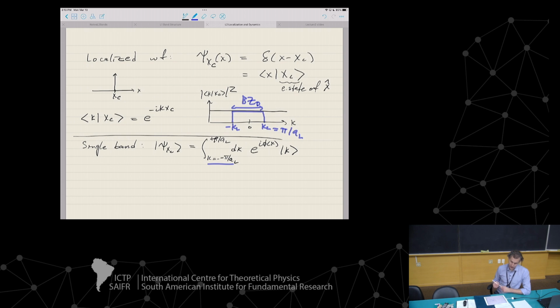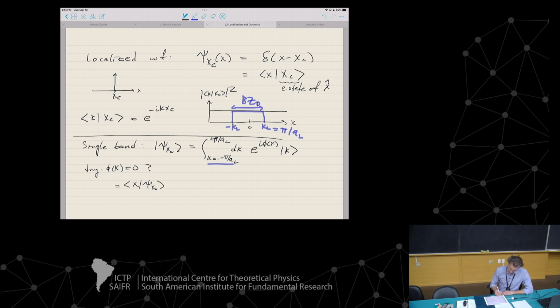Okay, so if I want to find what this wave function is, what kind of weighting should I give each k? Let's just try the dumbest thing we can think of, which is let's not put any phase in front of these k vectors, and then we can do this integral. Let's now ask what this is in position space.